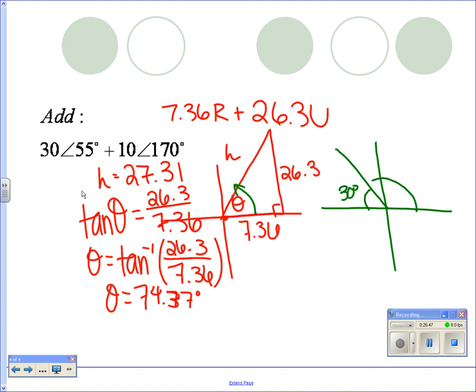How far are we going to go to get there? 150. This whole thing is 180 degrees, right? So we went 180, but we didn't go 30 of it, so 150 degrees. Does that make sense? And that's what you have to do. Based on what quadrant you're in, you have to either add or subtract it.